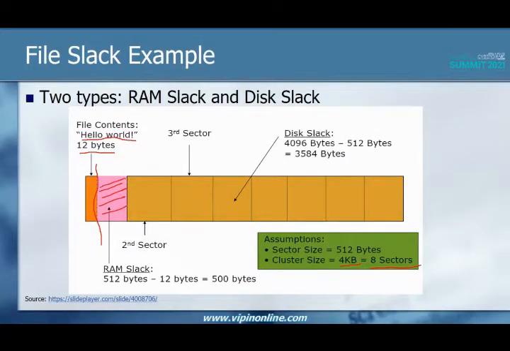For filling that sector, the operating system will pull the nearest content from the RAM, random access memory, primary memory, and fill it with the content from the RAM. And then the rest of the space may contain content from the previous file that was written over there.